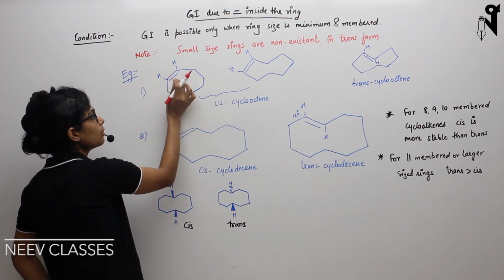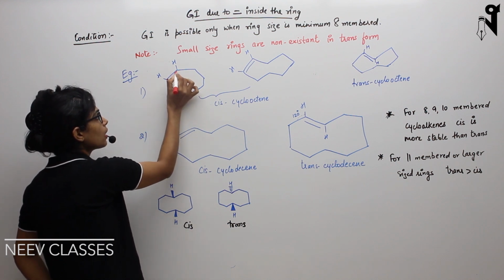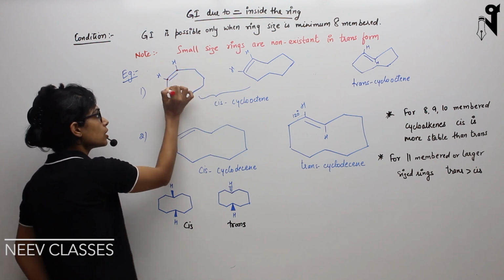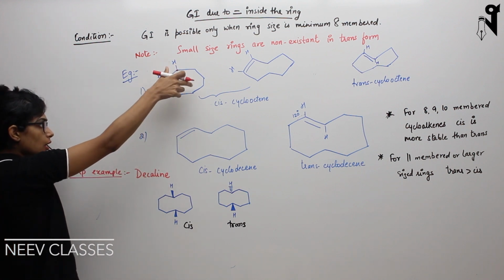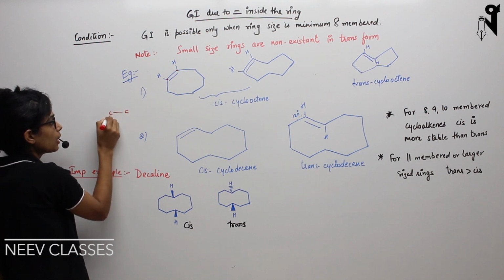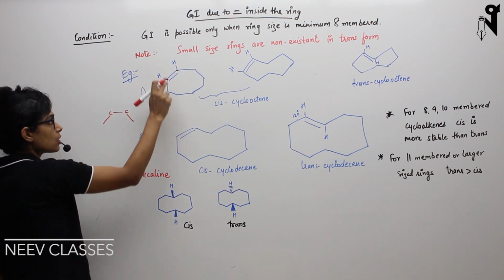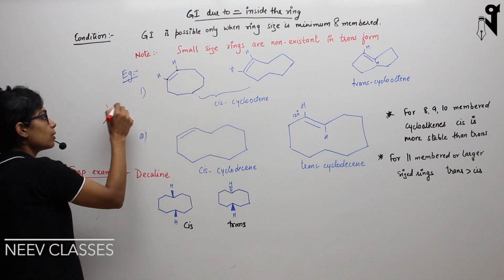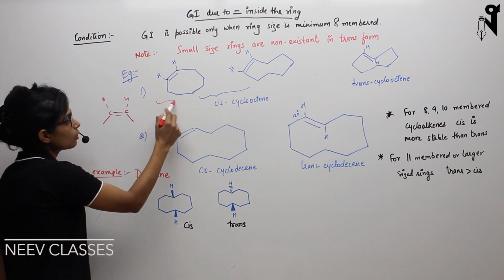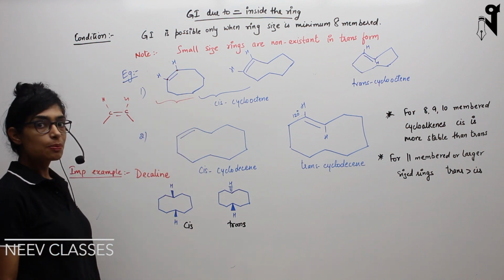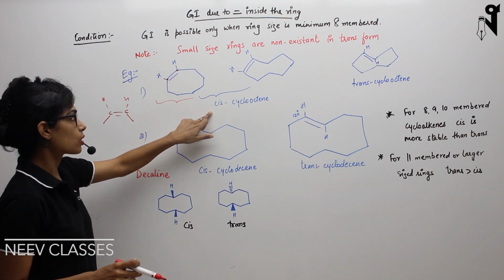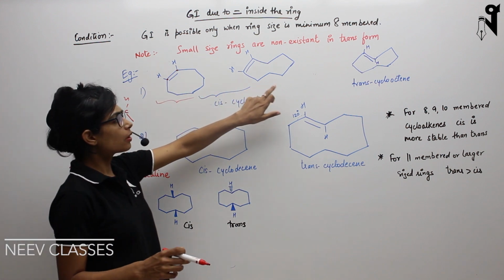Basically this is one carbon, this is another carbon, and the carbon chains are both going downwards. If you fix it straight, you can see the carbon chain attached here and here, and the hydrogen is upwards, and there is a double bond. This particular shape of cyclooctene, where the double bond is here, is called cis-cyclooctene.